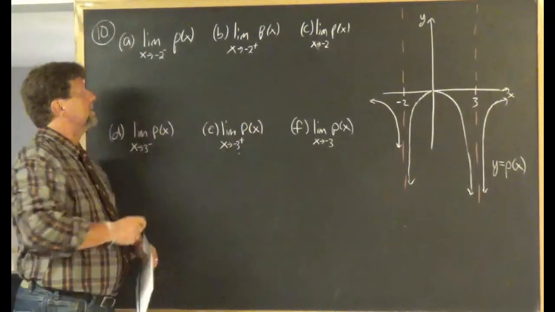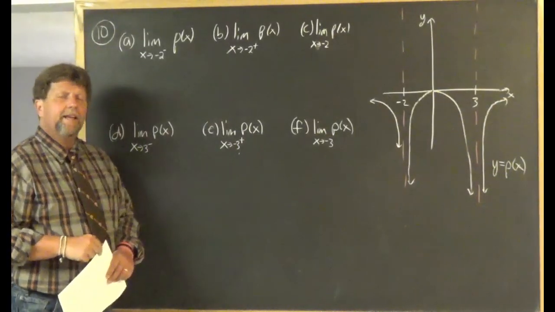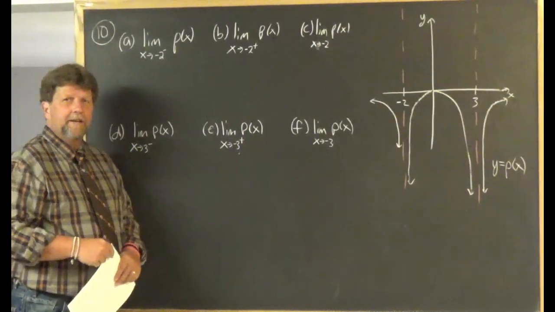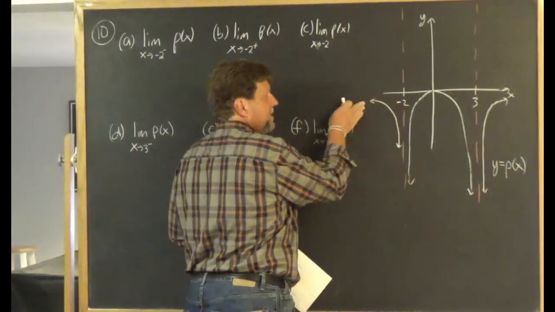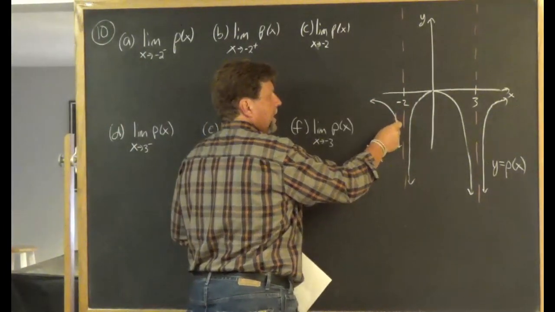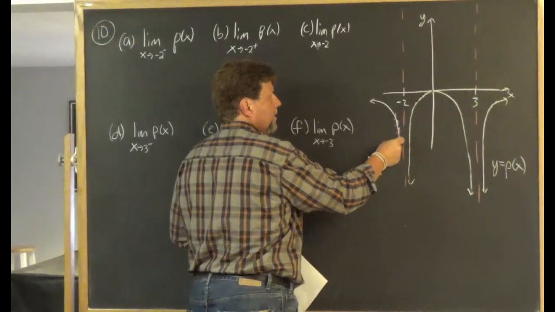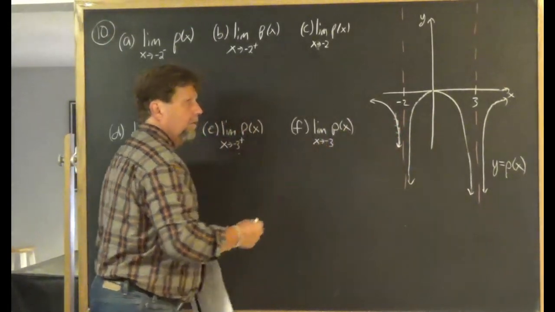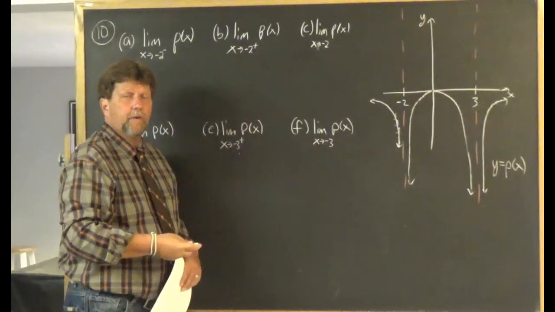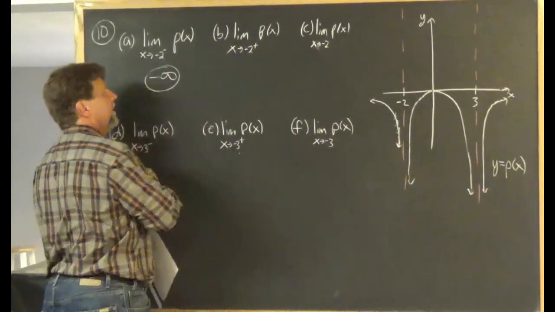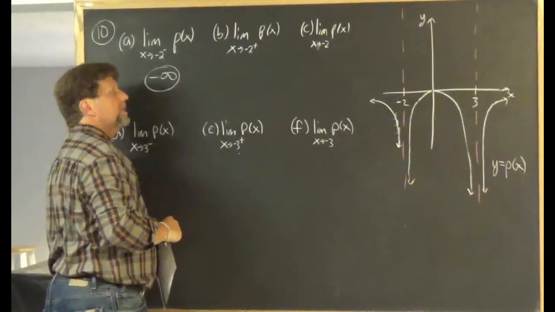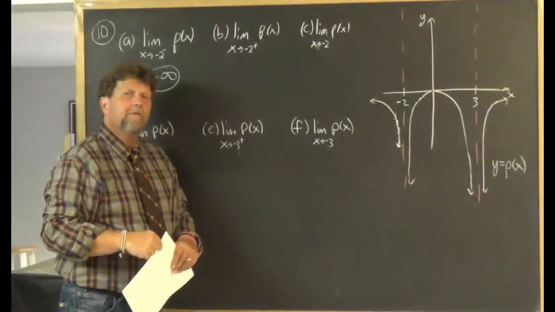Part A, you were asked to determine the limit as x approaches negative 2 from the left side of negative 2. When I approach negative 2 from the left side, it looks like we're decreasing without bound. So the limit is negative infinity. Part B, what's the limit as x approaches negative 2 from the right side?